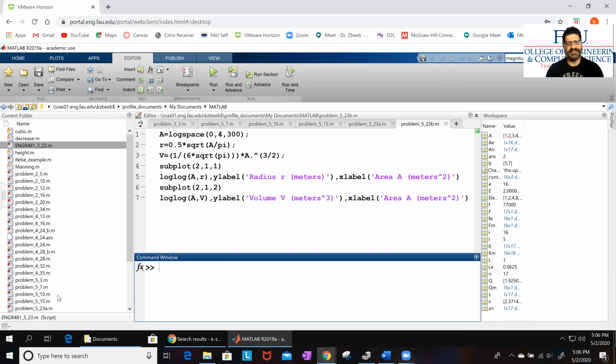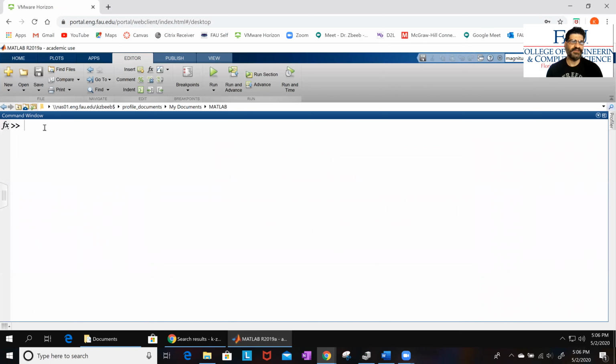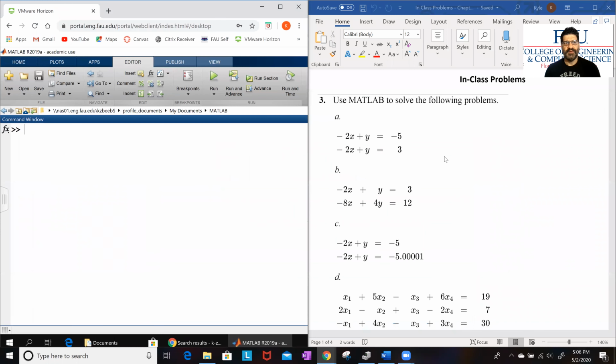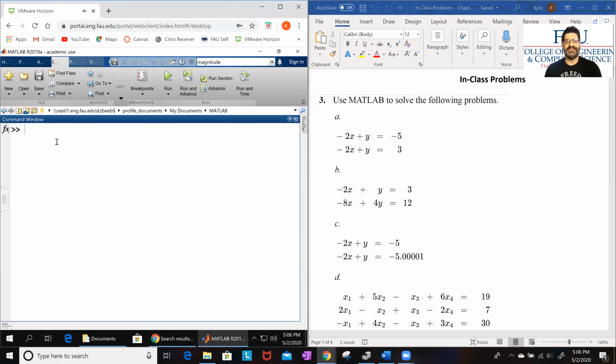But in our case here, I'm just going to do it without a script file, because it's just a couple of lines. So let's do it in the command window. All right, let's start with the first part.